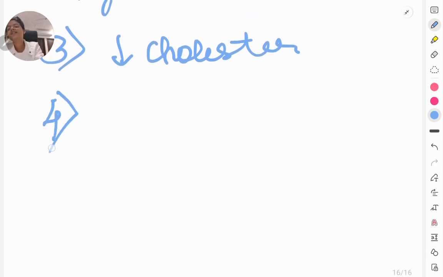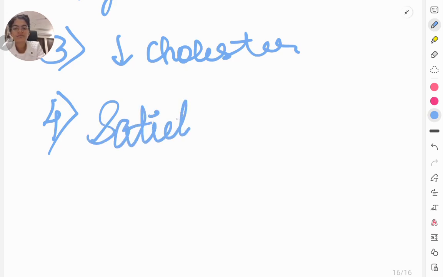Then, as anyone can guess, obviously if we are eating fibers, it has a satiety value, because we don't have to eat much more after eating the fibers.